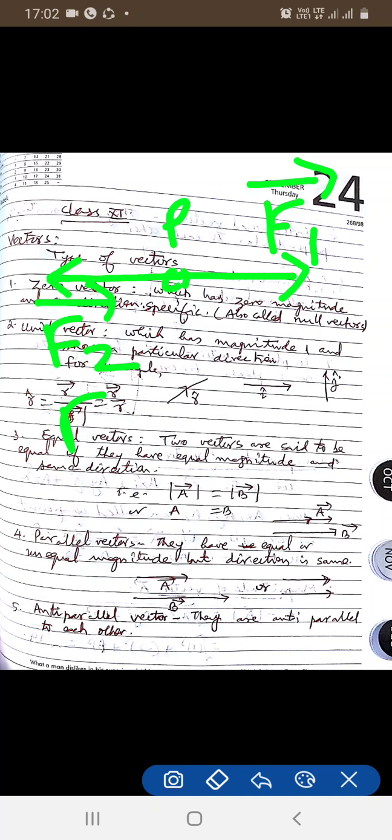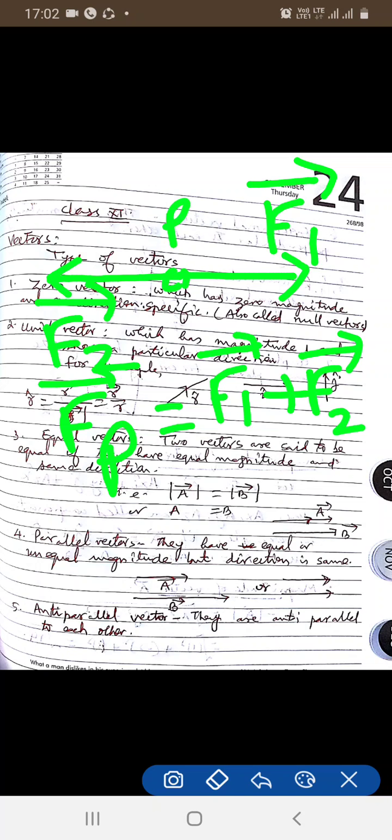Then the net force acting at point P, vector Fp, is equal to vector F1 plus vector F2.